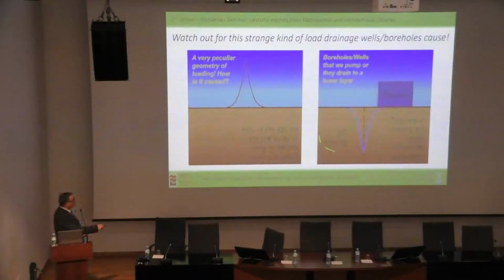Because pumping and lowering the water table like this actually creates a distribution of increased effective vertical stress like this. And we have to take into account what is going to happen due to differential settlement to any structures that are within the effective radius of these drainage wells.